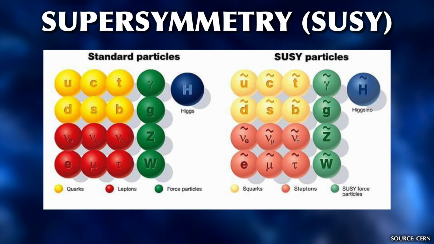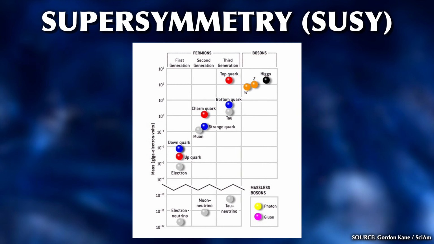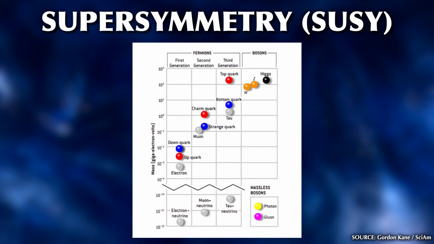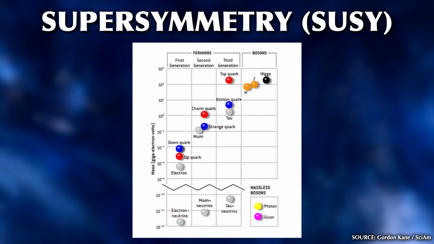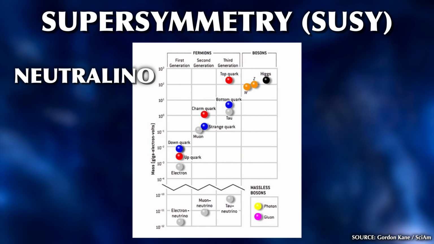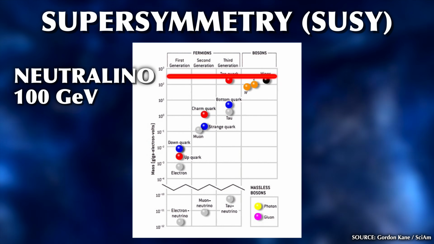While these models cannot make clear and concrete predictions, one forecast with reasonable assumptions was that the superpartners were at a higher mass scale and that the lightest superpartner, something called the neutralino, could be stable and in the 100 GeV mass range. And this would be an excellent explanation for the dark matter problem, so this seemed to be much more than just a coincidence.